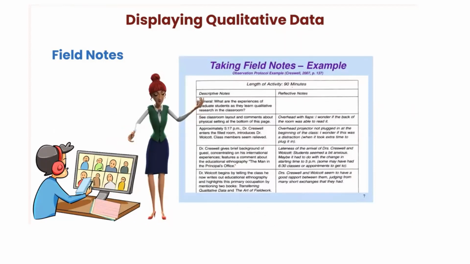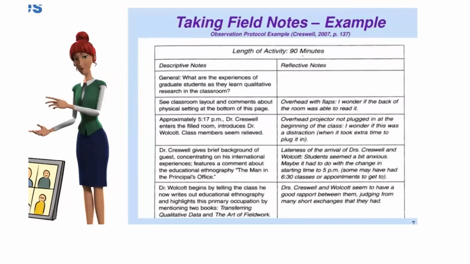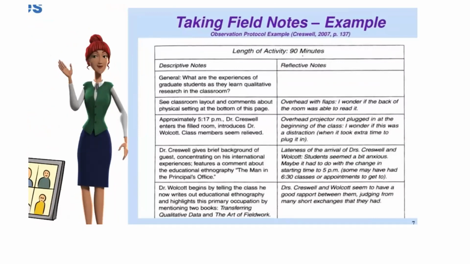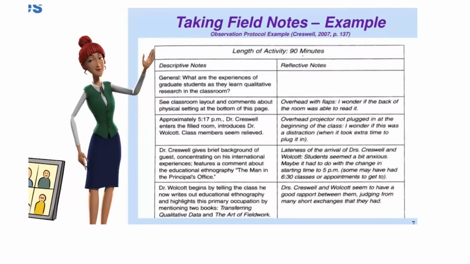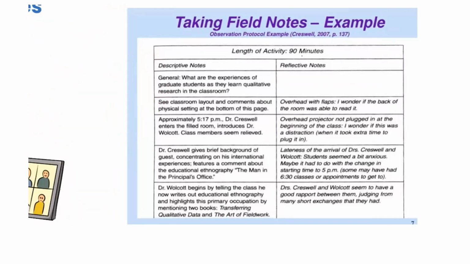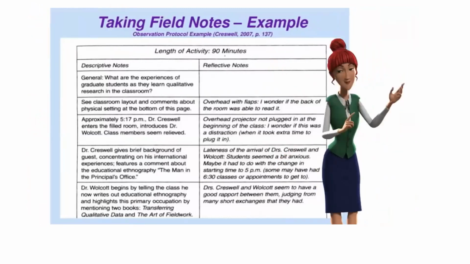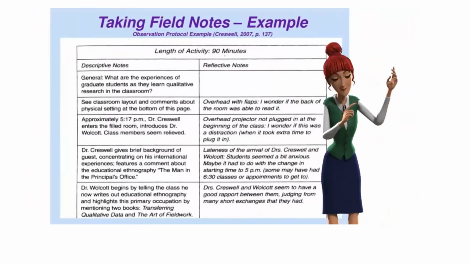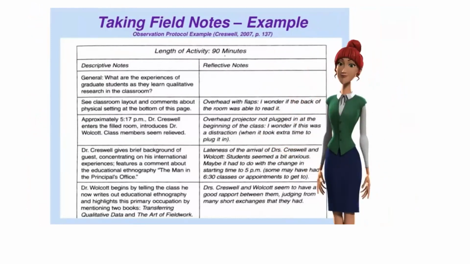Field notes can be descriptive, such as how many rooms, classes, chairs, playgrounds, material, staff you may observe in a school. Also, field notes can be reflective, which is overthinking about a phenomenon. See the right column in this table, based on your personal perceptions as a researcher.